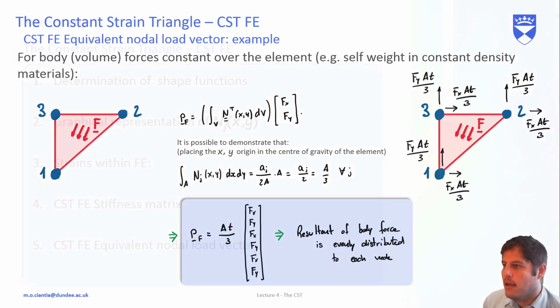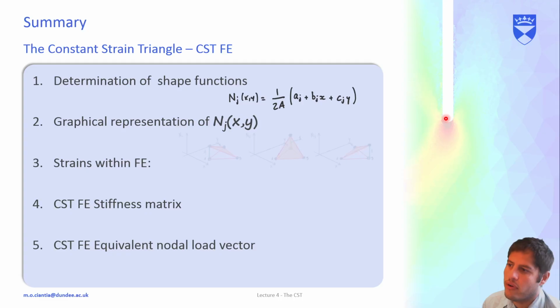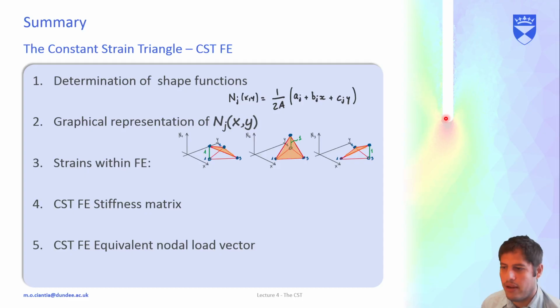So with this, I conclude the constant strain triangle theoretical lecture. We've seen how we determine the shape function for the CST. We've seen the graphical representation of shape functions, which is quite handy when we want to calculate shape functions for simple problems like the one we've seen.